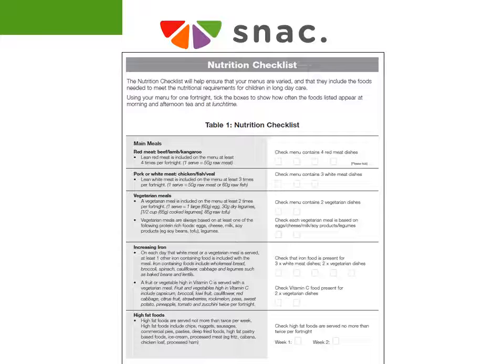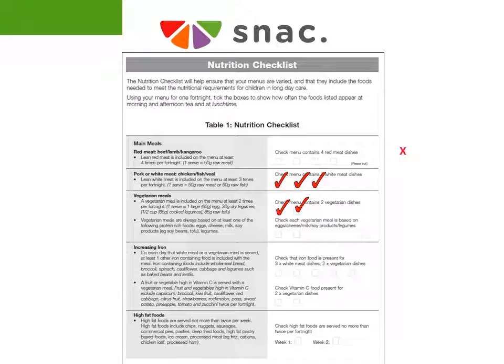Okay, so let's have a look at the nutrition checklist for that sample menu that I provided for you. When we have a look at the red meat, there were no red meat dishes served over the course of the fortnight, so that's something we'd need to be revising. With the white meat, there were some fish and chicken dishes, so they most certainly have met that category.